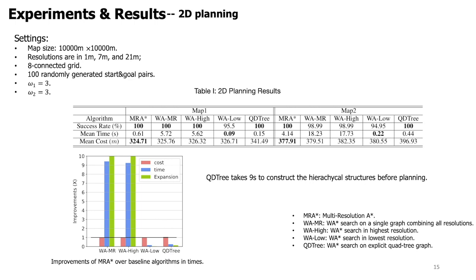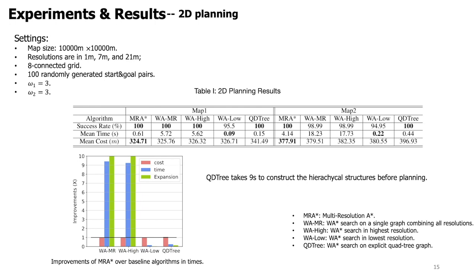Here are the experiment results. The performance of planners is evaluated in terms of success rate, planning time, and mean cost. Firstly, we implemented the algorithm on 2D maps. The map size is 10,000 by 10,000, and we have resolutions of 1 meter, 7 meters, and 21 meters.